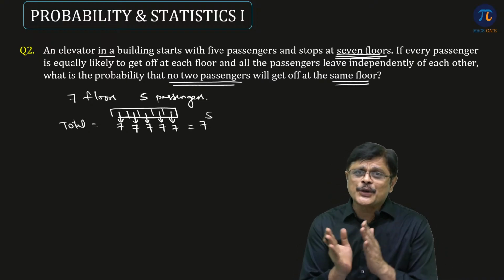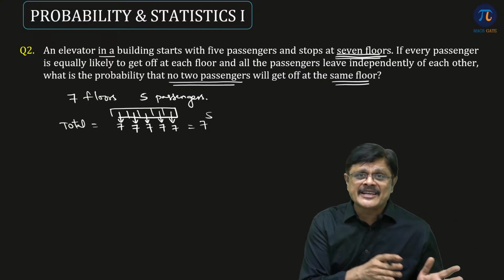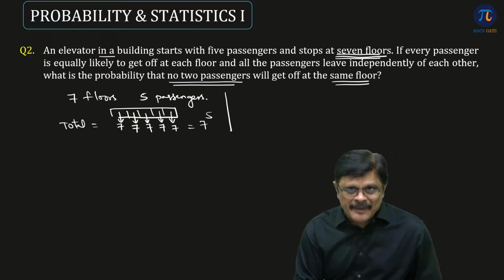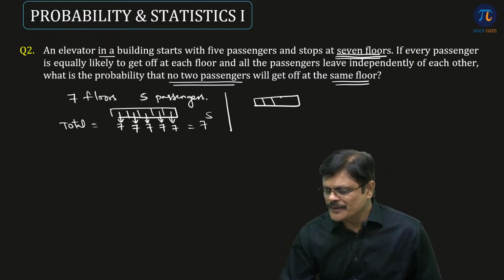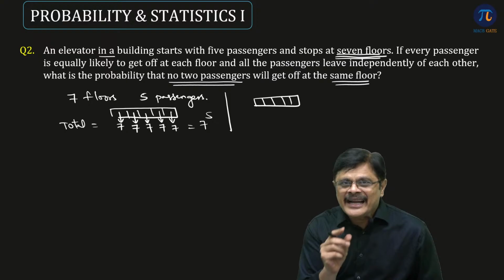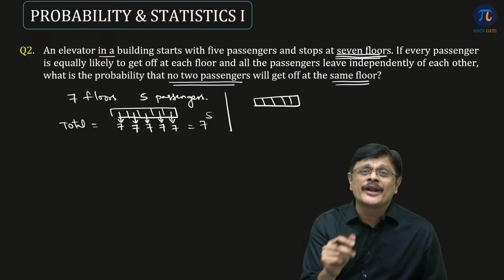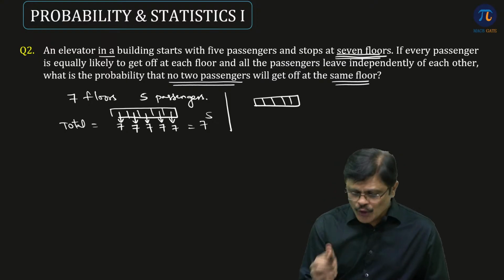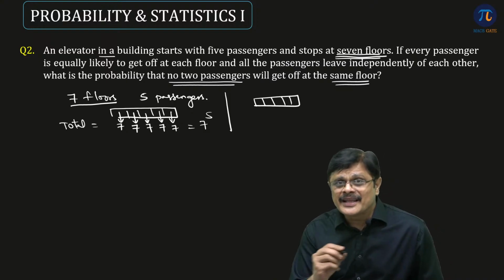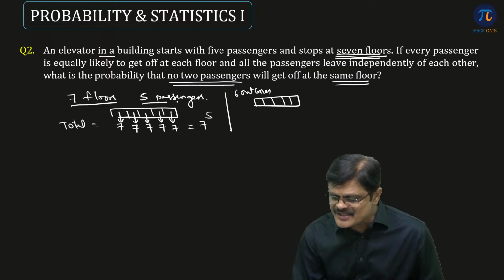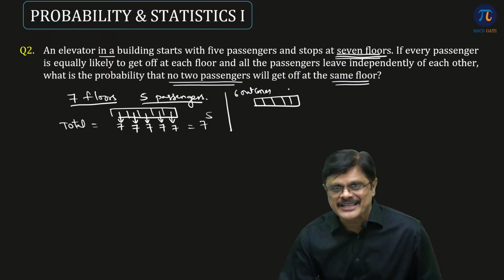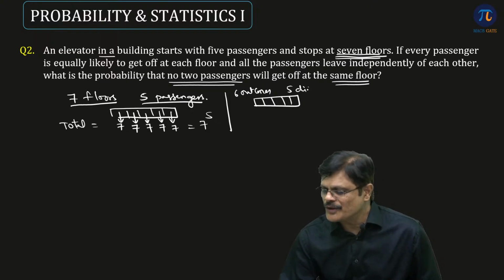See, if you try to make an analogy between the previous problem and this problem, in the previous problem we have the number of dice rolled and outcomes possible on each die. So here these 7 floors are like the 6 outcomes on the die, and these 5 passengers are the number of dice rolled, 5 dice rolled.